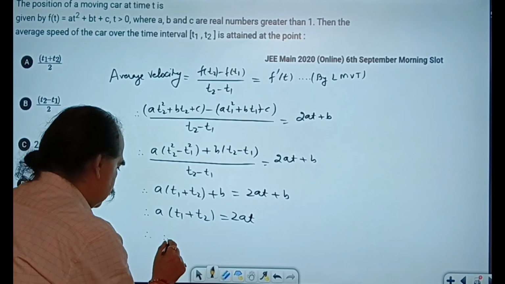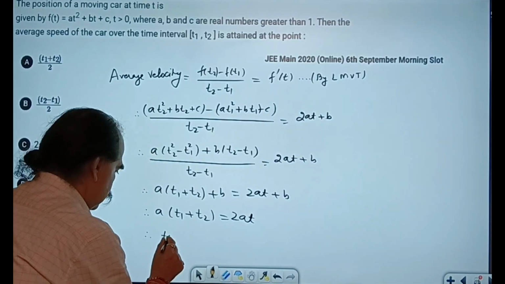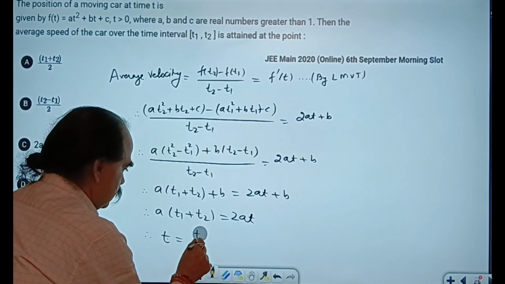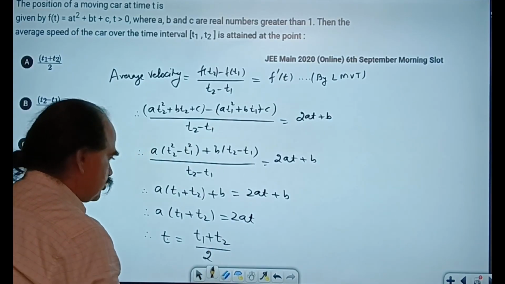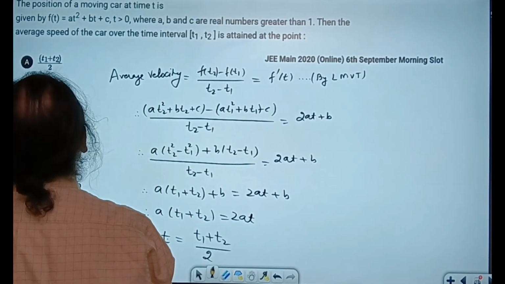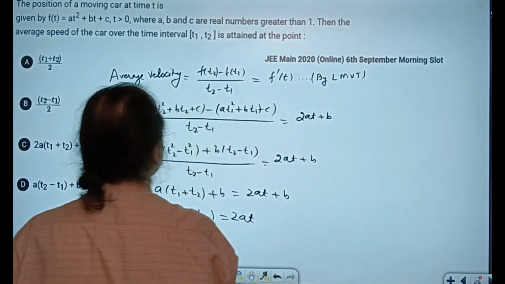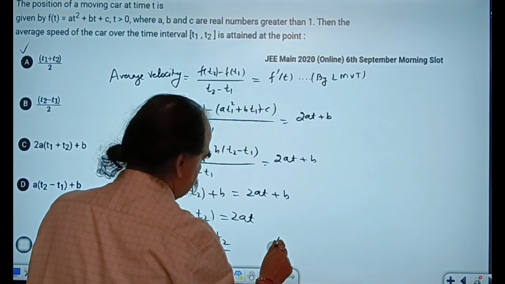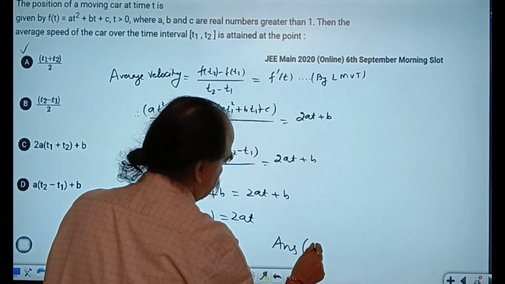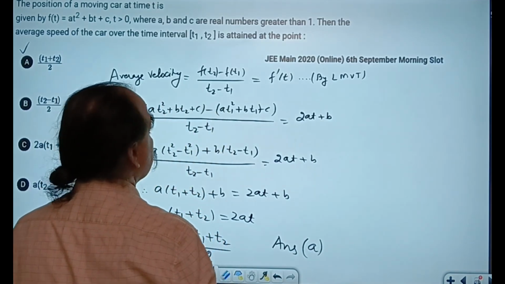So t is t1 plus t2 upon 2. The answer is A.